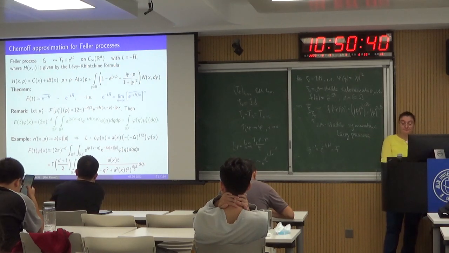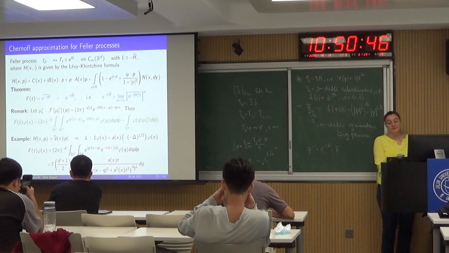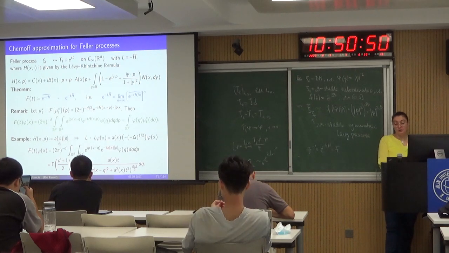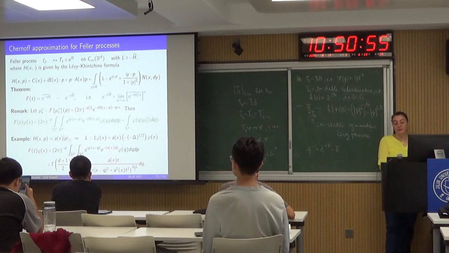Example. Consider as a symbol of the generator, the energy operator, of this type. So we have a variable coefficient a of x multiplied with the norm of x.